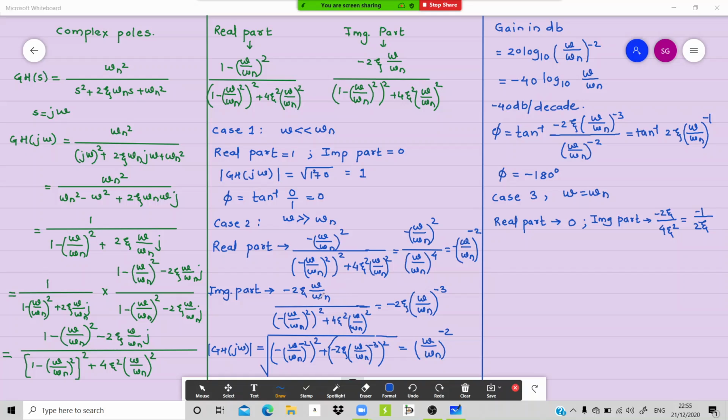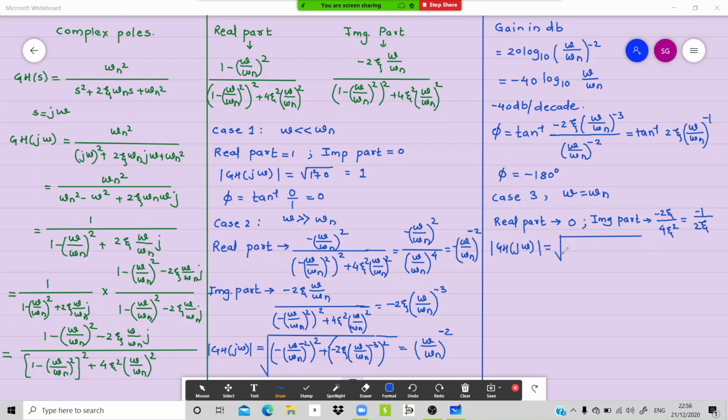Okay? So if I am trying to write the magnitude of G(j omega), then I'll write it instead of having a shortcut. Yeah, so the real part is going to be 0, no need to worry.